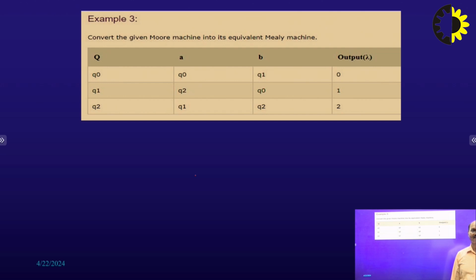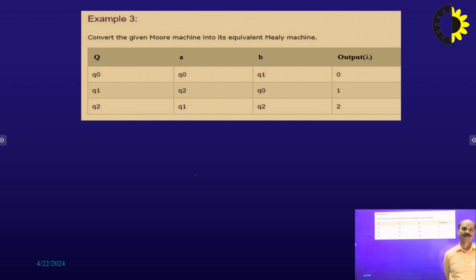Then next example, convert this Moore machine into an equivalent Mealy machine. If we study this particular table, there is no diagram given for this Moore machine. In the AKTU examination, you may also get the table and be asked to convert this particular Moore machine into the Mealy machine.